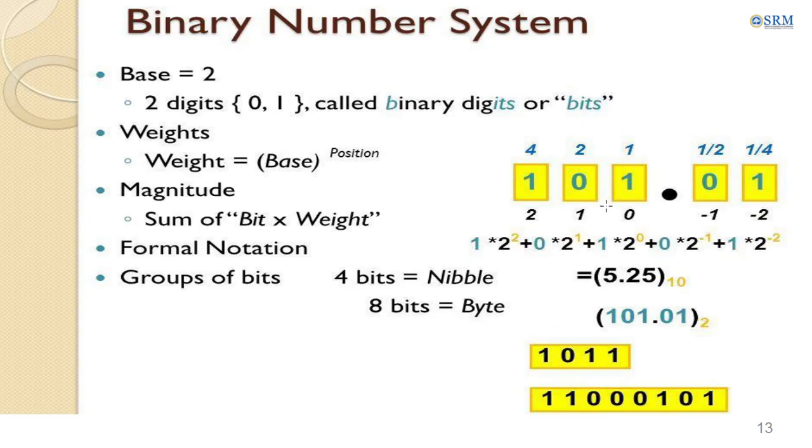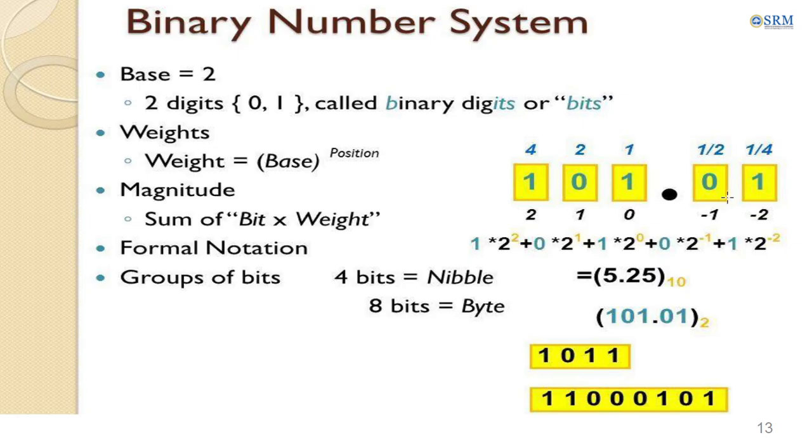Suppose a number is given in binary as 101.01. As we discussed earlier, this gives the position, and the fractional positions are 1 by 2 and 1 by 4. When it is multiplied with the weights, it gives 5.25 in decimal.